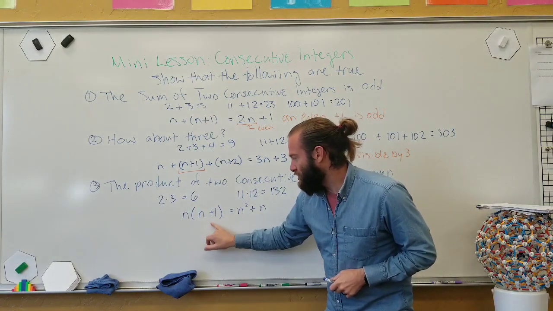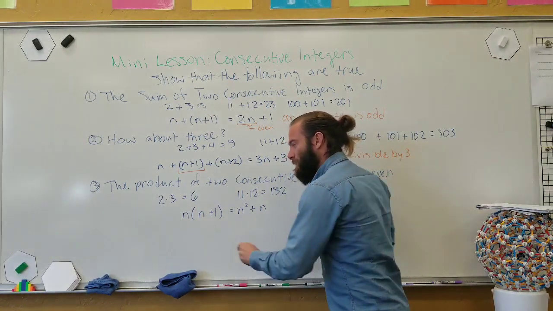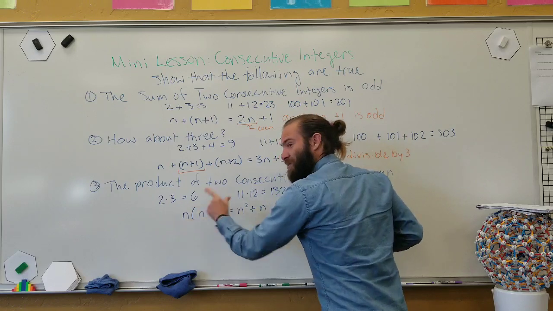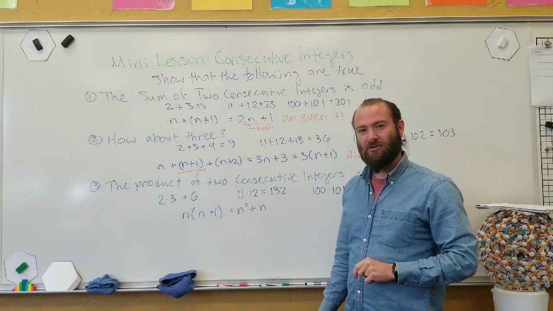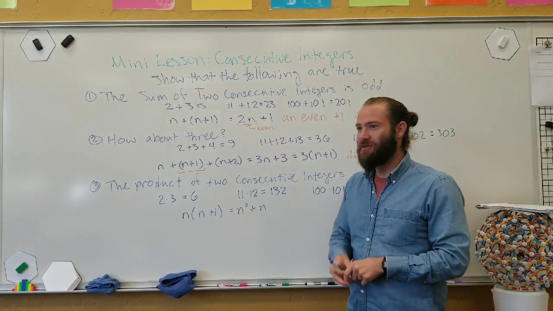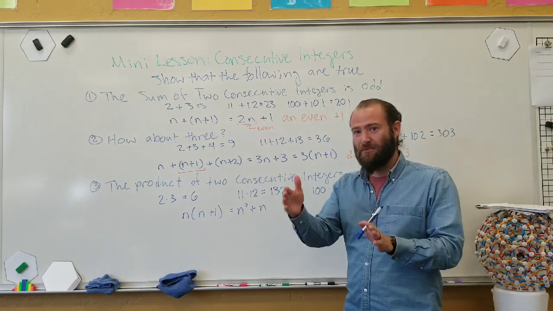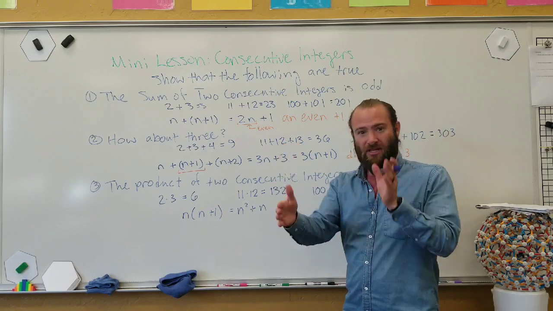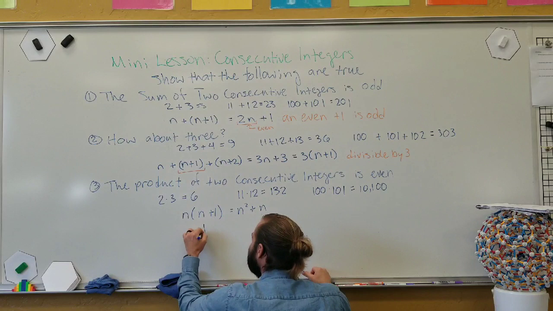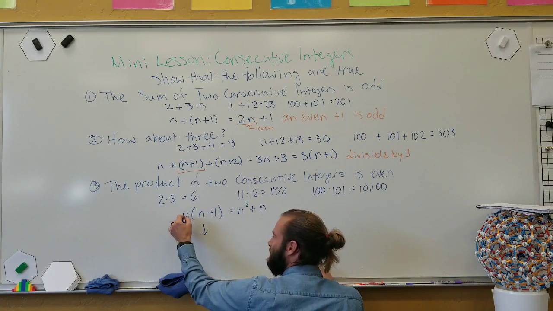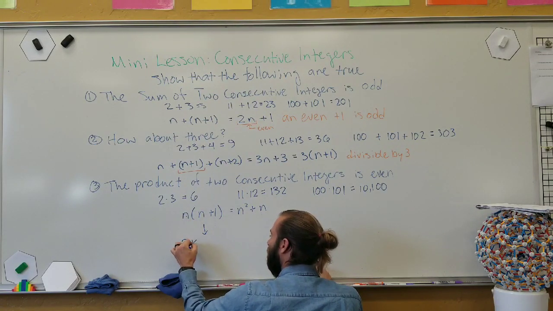Let's go back to here. Do you guys agree that if I have two consecutive integers, one of them is going to have to be even? Does that make sense to you? Because if you have two integers back to back, you go from one to the other. One of the two has to be even. So let's actually just rewrite this guy right here, and let's say this is the even one, and we'll call it 2k.